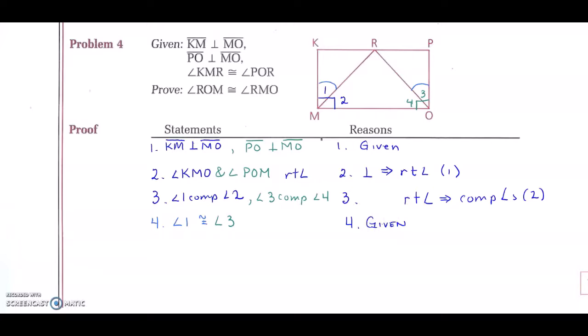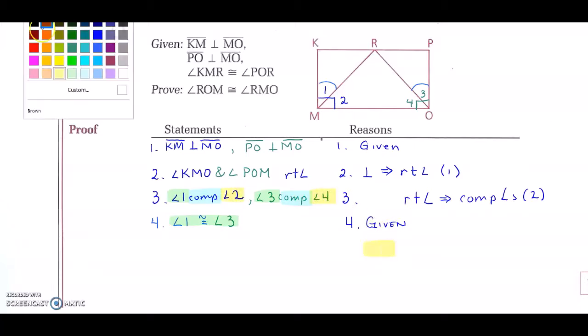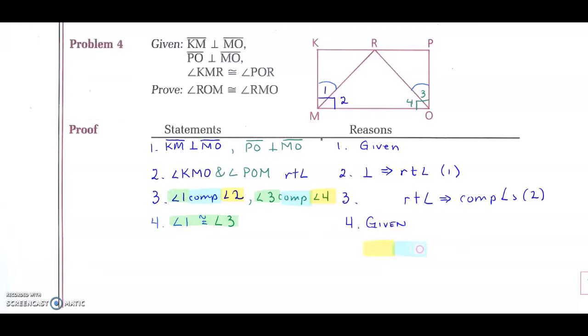And here we go. I'm noticing this. Angles that are complementary to congruent angles imply those angles are congruent.